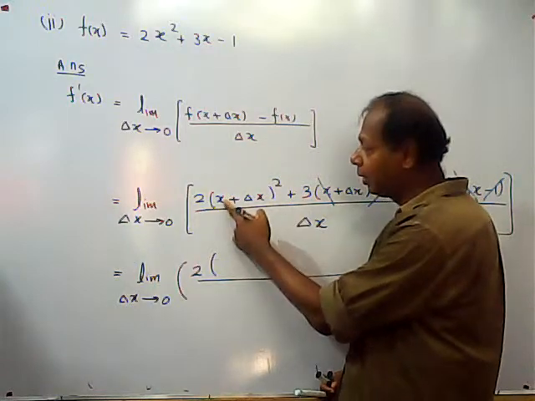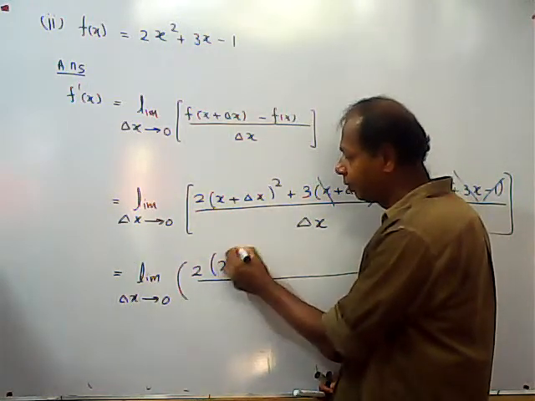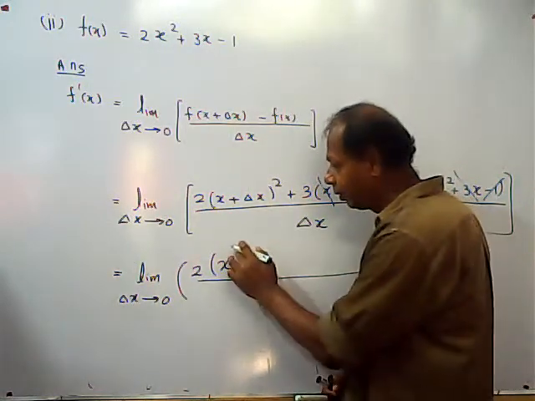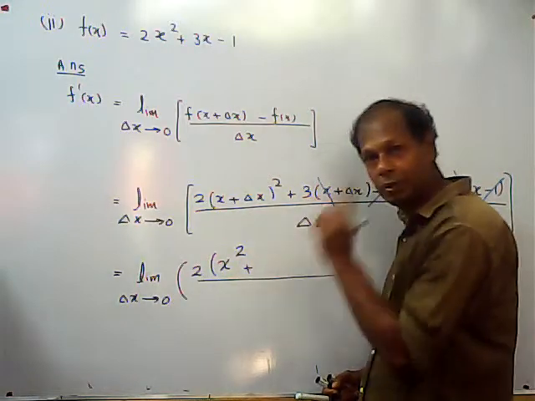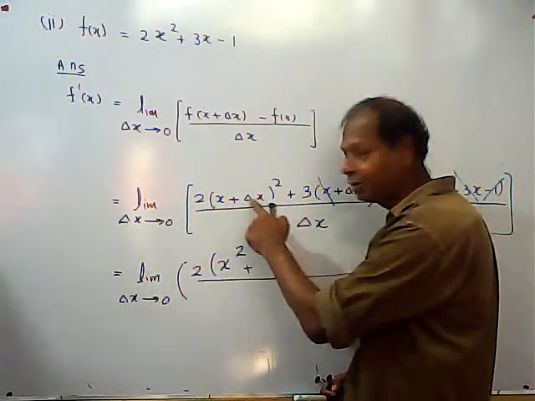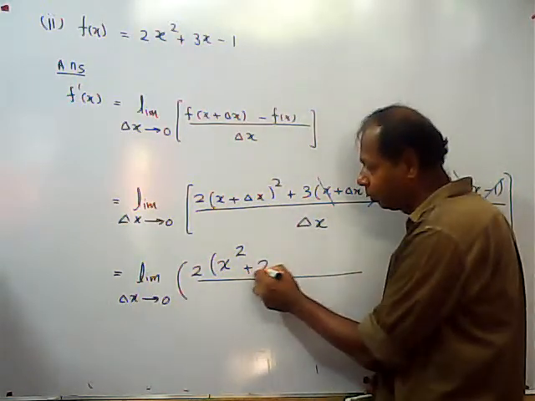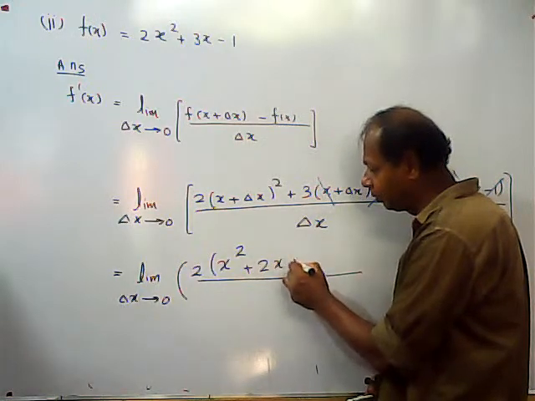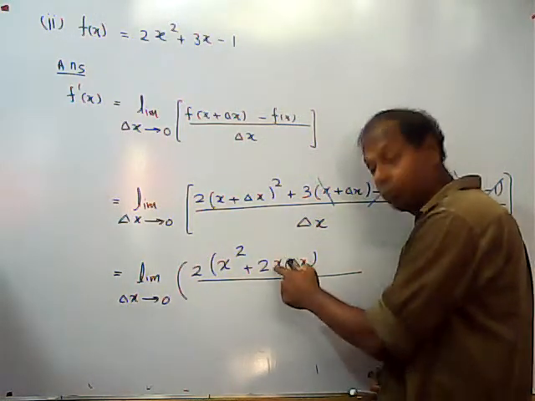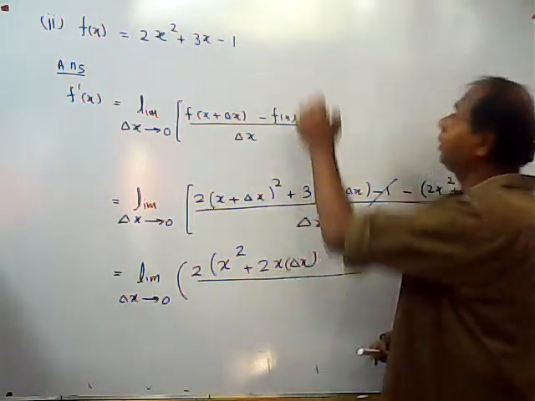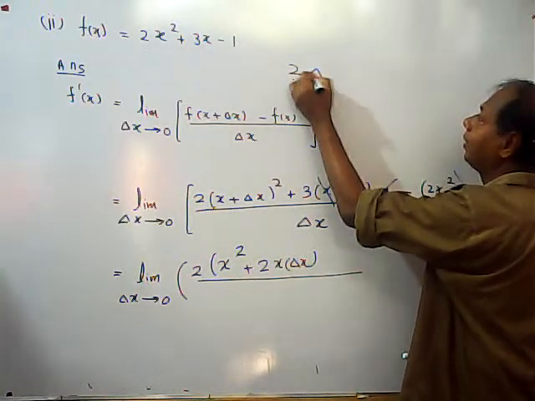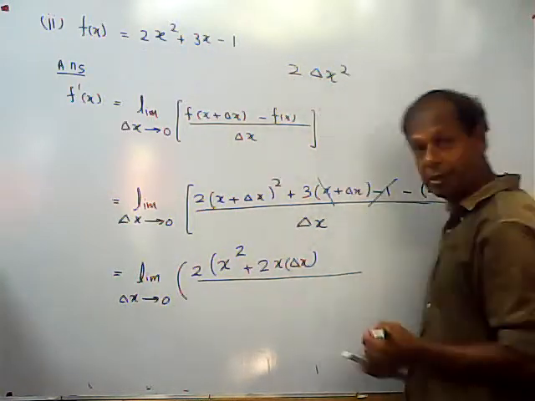Squaring it, you get x squared plus 2 times x into delta x. Would you write it as 2 delta x squared?